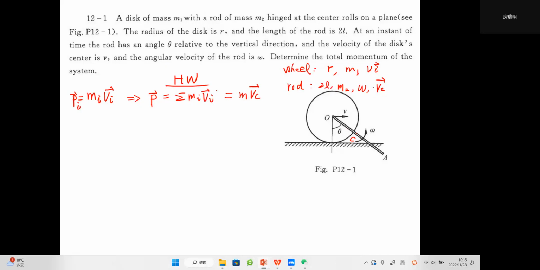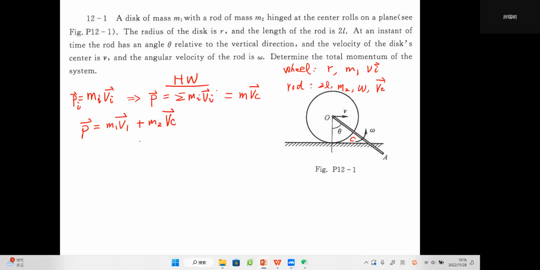So let us assume that we already know the vC, then the answer will be P total equal to m1 v1 plus m2 vC, right?